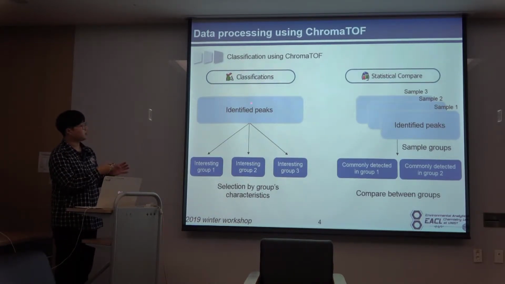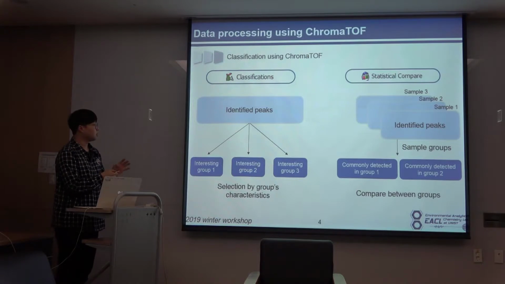Based on the identified peaks, there may be thousands or hundreds of groups, and based on this we filter our interesting groups, one, two, or three. For example, if our interesting group is POPs, we can get the chlorinated or brominated compounds based on this classification.